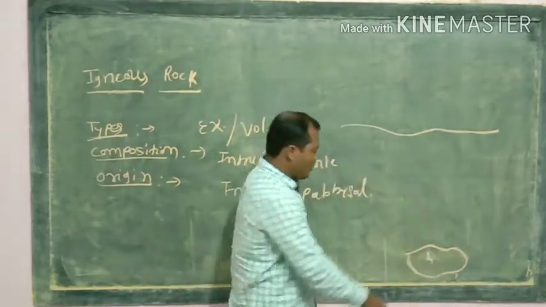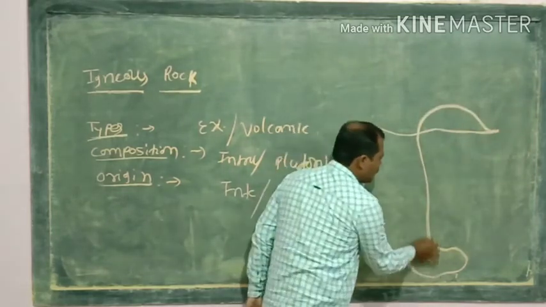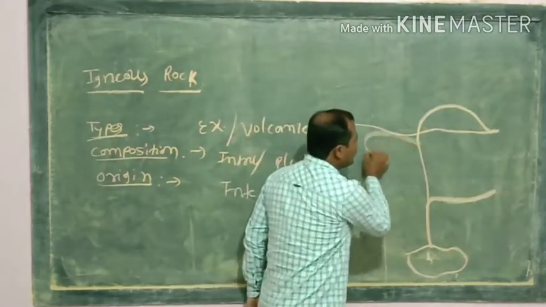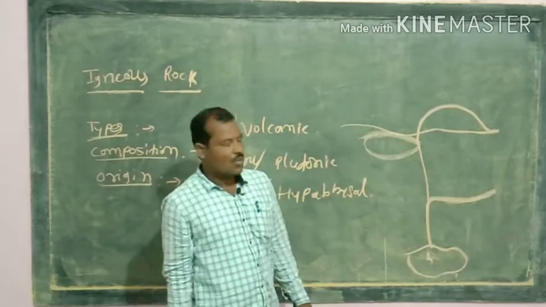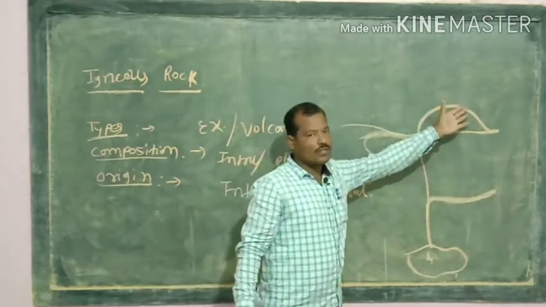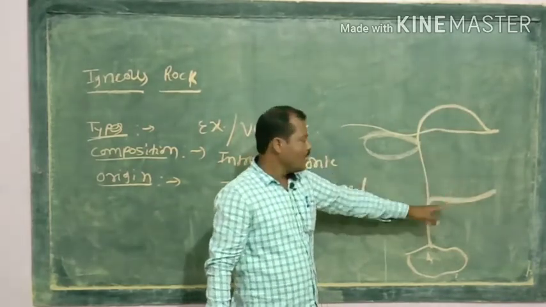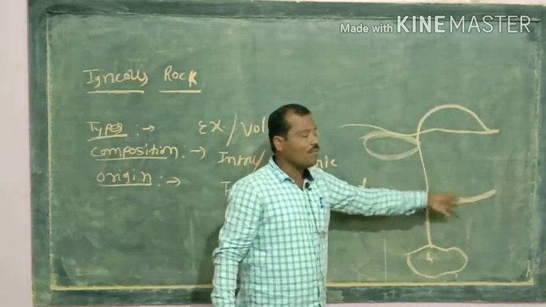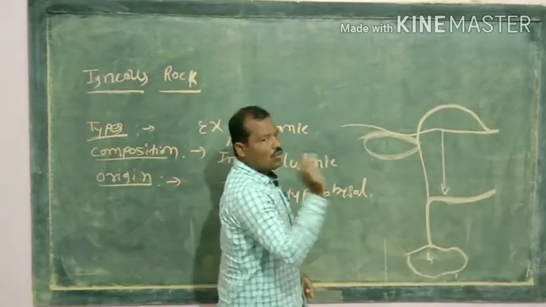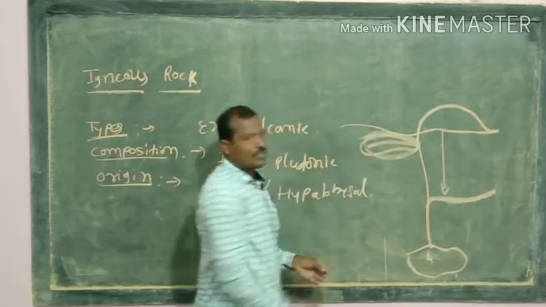From this magma chamber, material comes onto the earth surface. It also injects within the earth crust, and also near the earth surface. At these three locations, extrusive rock is formed on the earth surface, and intrusive rock is formed below the earth surface. These are two types: the intrusive igneous rock, that is the plutonic, which is formed below the earth surface at great depth, while the other one is the hypabyssal rock, which is formed near the earth surface.